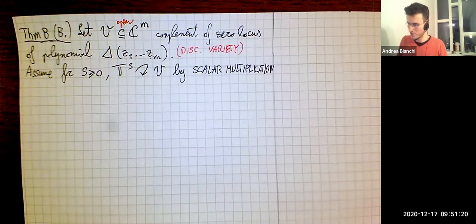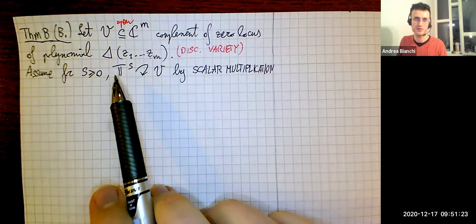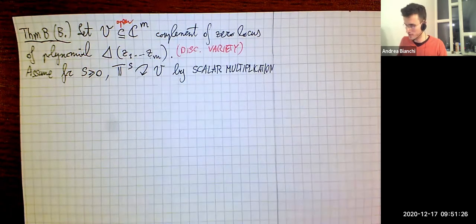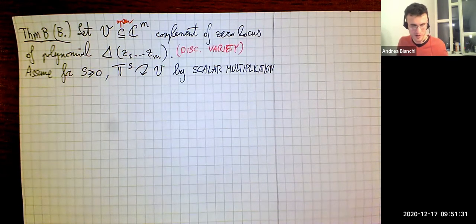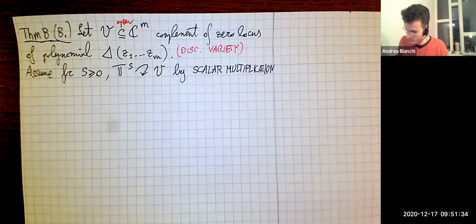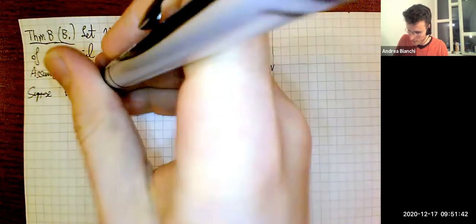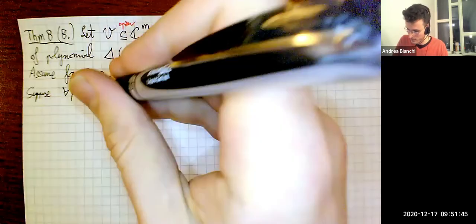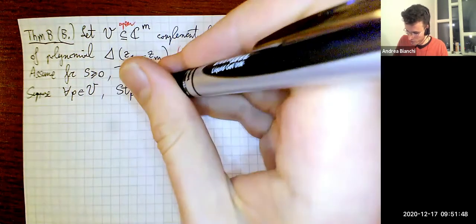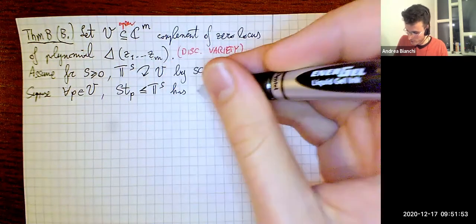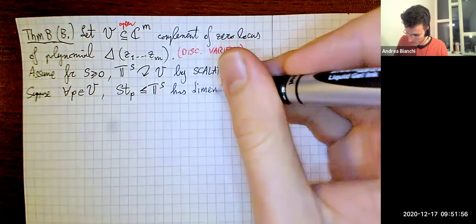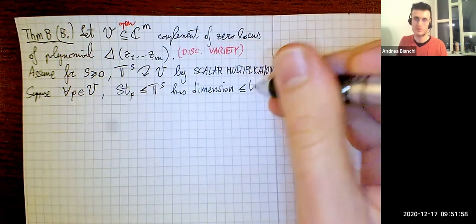Just imagine this is a very simple way in which a torus can act on this variety. Very algebraic, and it has very simple formulas. And suppose also that for every point in the variety, the stabilizer of this point, which is a subgroup of the torus, has dimension at most t, for some t.